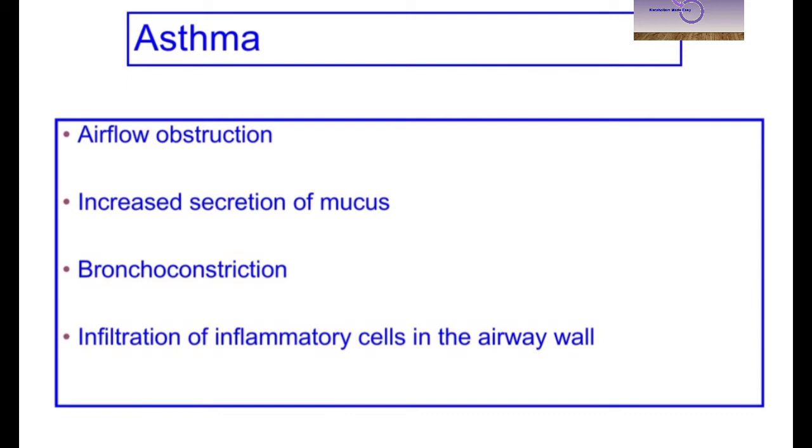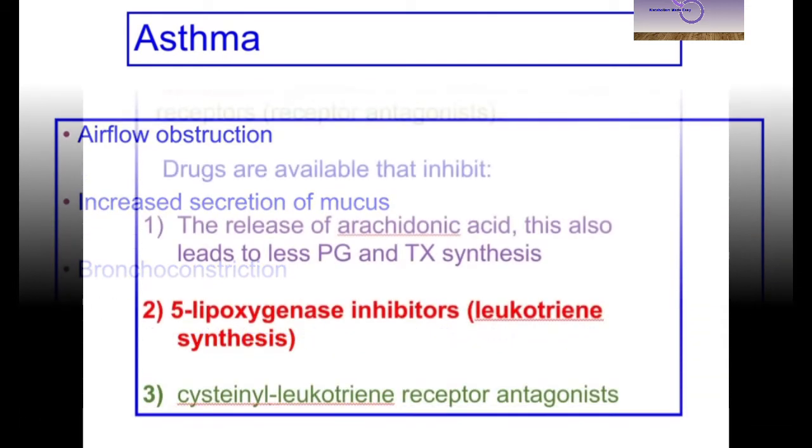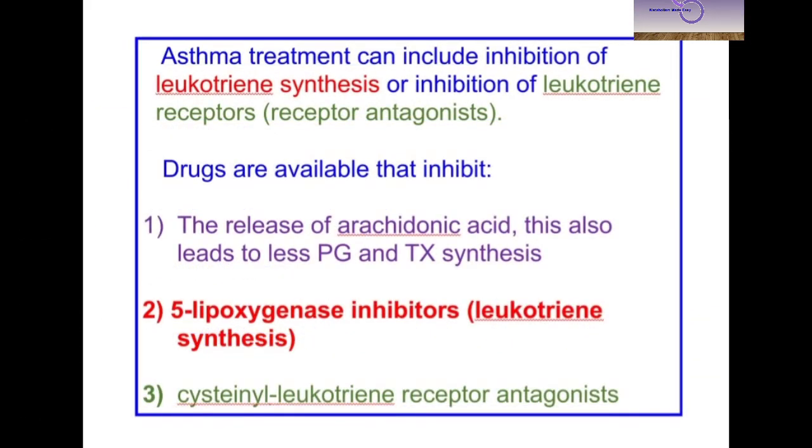So treatment of asthma, for example, can involve one of three strategies. You can use leukotriene receptor antagonists that prevent the effects of leukotriene on their respective receptor. You can have a lipoxygenase inhibitor, meaning you inhibit the synthesis of leukotrienes in cells, so that's another strategy.